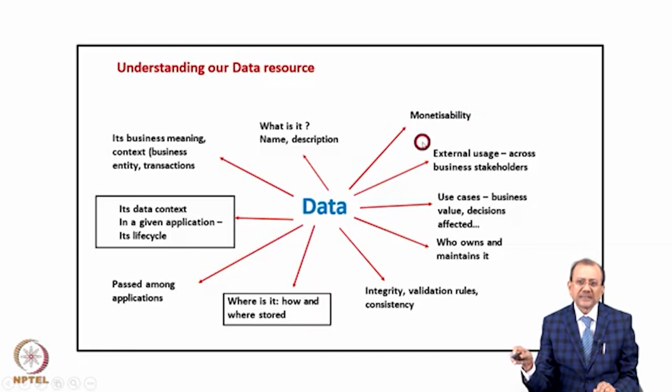What is the external use of this data? The data we saw on the government site has been made largely for external use, so that any department or company that wants information can make use of it. That is another characteristic of data, external use.